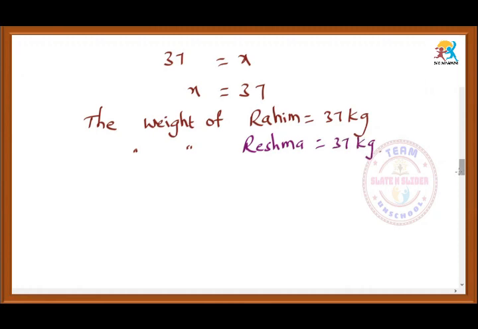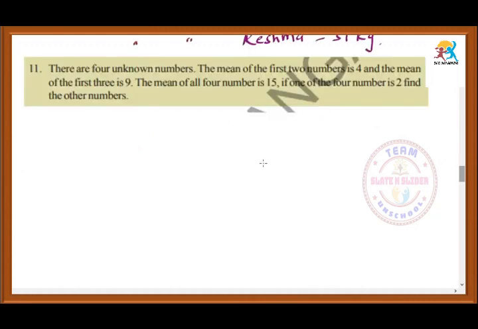And we take one more question, the 11th one. Here it is. There are 4 unknown numbers. The mean of the first 2 numbers is 4.